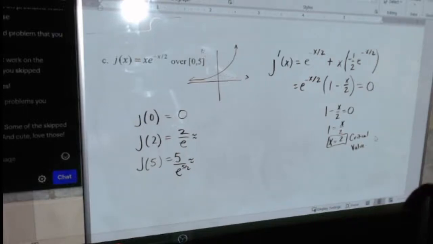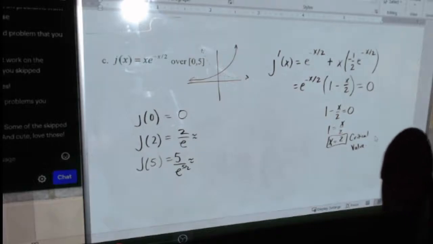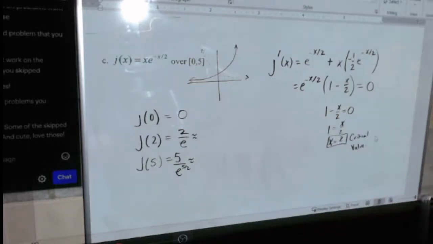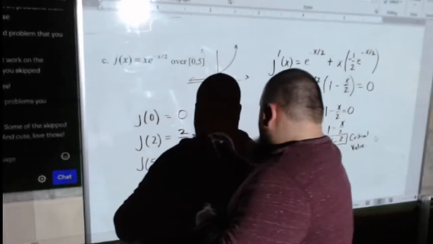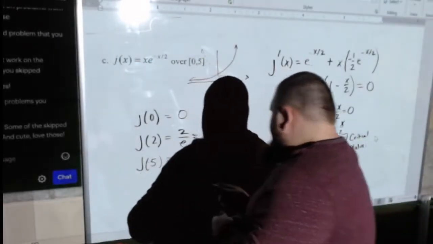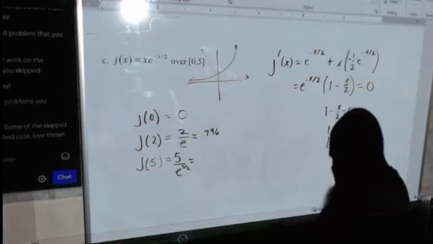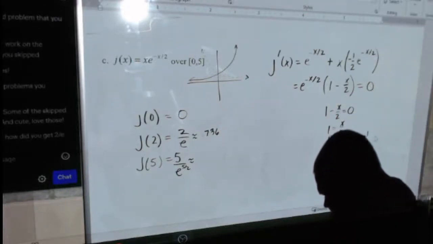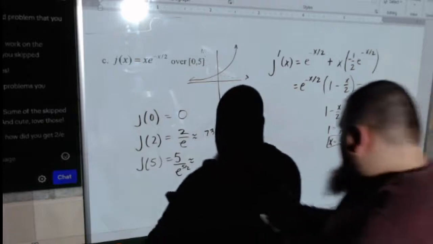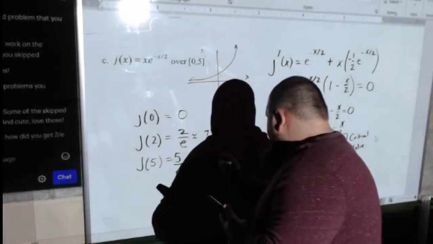So 2 over e is 0.736, let's say. And then 5 divided by e to the 5 halves is 0.410.